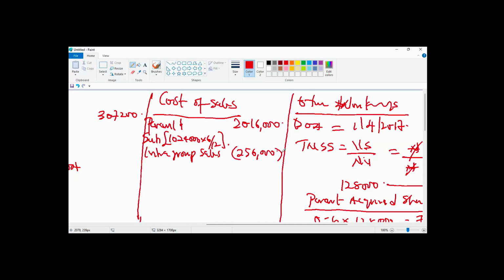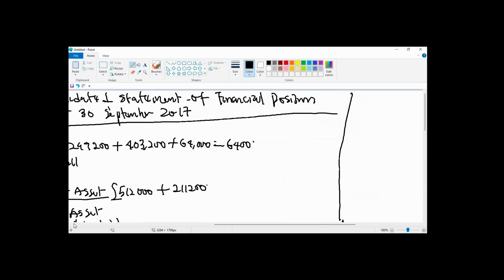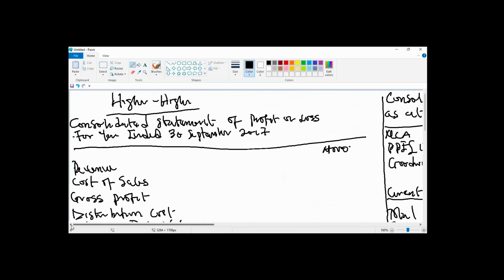Don't forget, if you are crediting cost of sales, you are removing, because cost of sales is an expense account, a debit balance. But if I'm crediting it, I'm removing from it. Revenue is a credit balance, it's income. If I go to my revenue account that I've opened, that is 512,000.